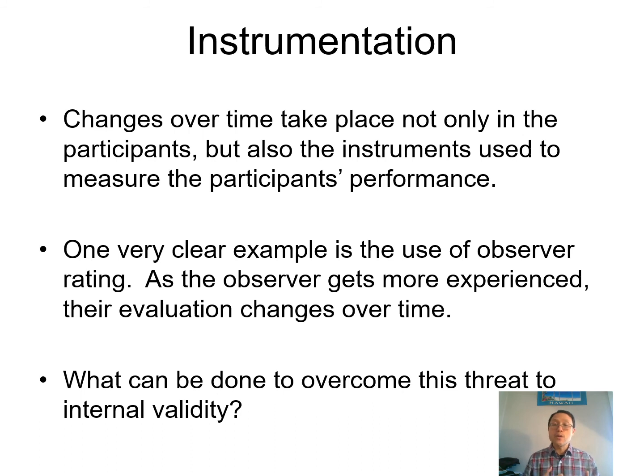The way to overcome this type of internal validity problem is to overtrain the observers. And if you're using some sort of instrumentation, it's important to calibrate it very well every time you do the measurement for real. This is the only way that you can combat a possible effect of instrumentation.